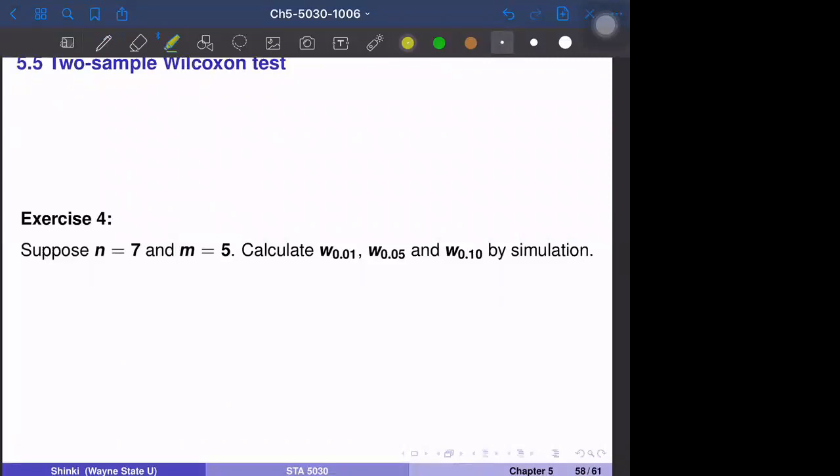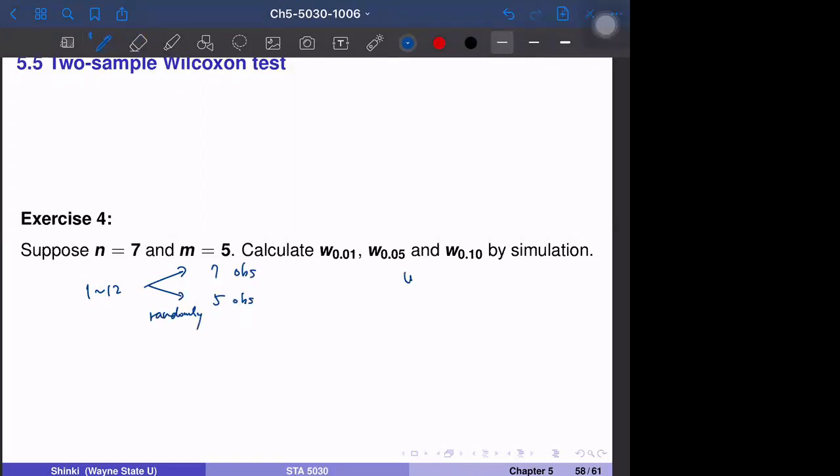We don't do an exercise, but just explain how to calculate this threshold. Basically, the distribution of the test statistic is calculated by simulation. So we generate just 12 ranks, 1 to 12, and randomly separate them into 7 observations and 5 observations.